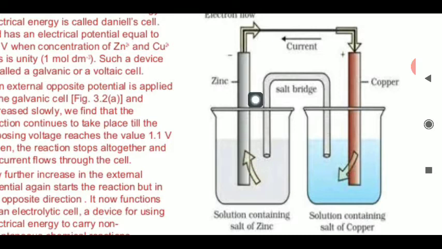On the other hand, thickening of the copper electrode is taking place, as the copper sulfate also dissociates to form the cupric ion as well as the sulfate ion. So the complete migration of electrons is taking place from this side to this side.